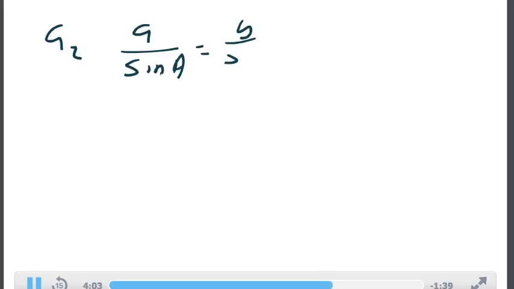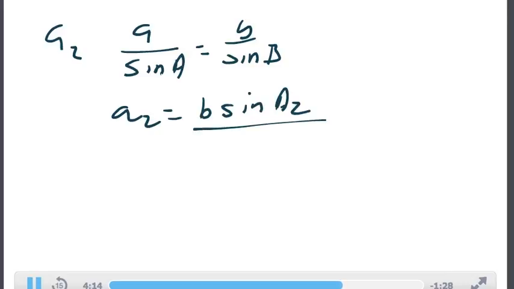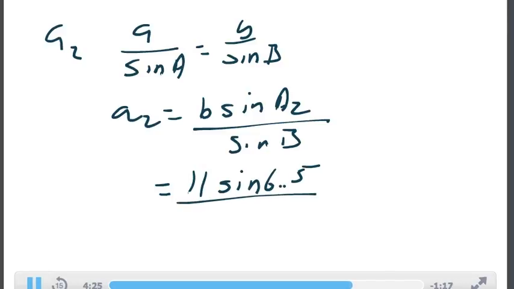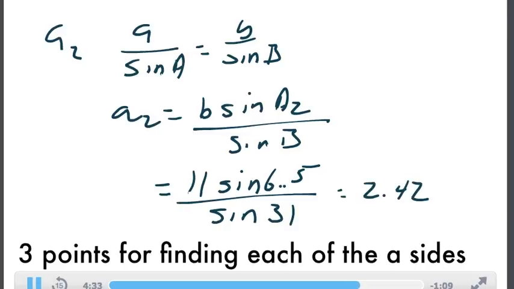And then to find a2, it's the same process. a over sine A is b over sine B. So a2 is b sine A2 over sine B, which is 11 times the sine of 6.5 over sine of 31, which is 2.42.